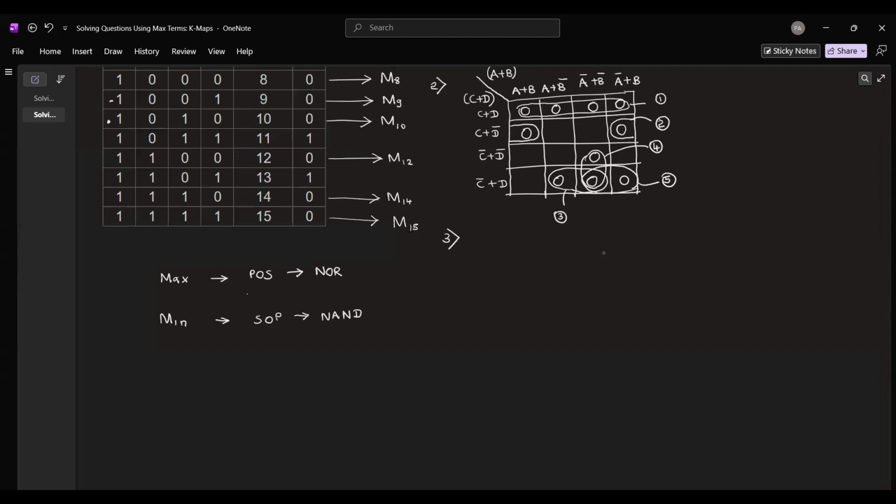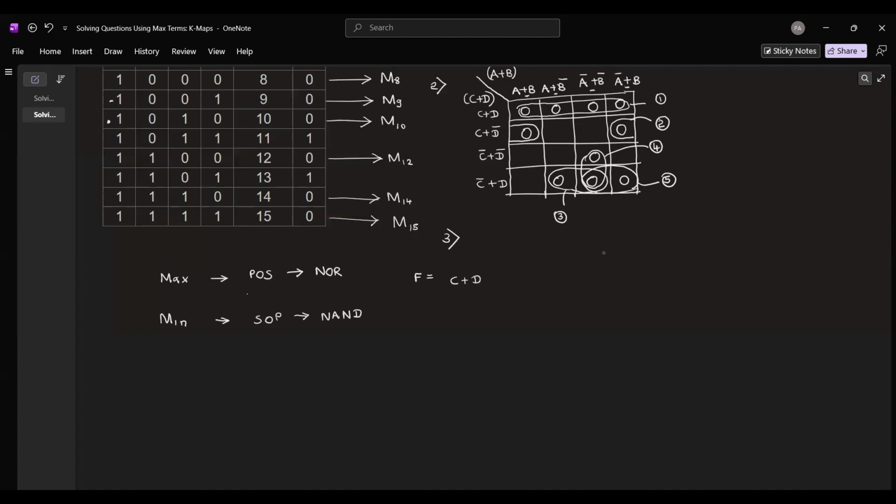Okay. Now we will simplify this. So the first group, if you look at it, only C plus D will be present. According to yesterday's pattern, see, A plus B is there and A bar plus B bar is there. So they both will cancel each other out. Here we have A plus B bar and here we have A bar plus B. So they both will cancel each other. Therefore, only C plus D will be available.